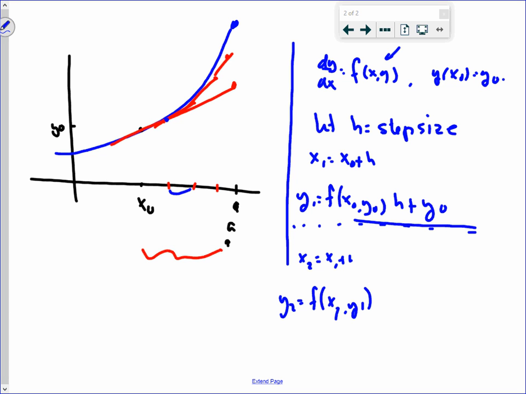You just put in an x value and a y value, and it tells you the solution that passes through that point has this particular slope. So y2 would be f of x1, y1 times h plus y1. And at least in the picture I've got here, that puts us up at this particular spot.